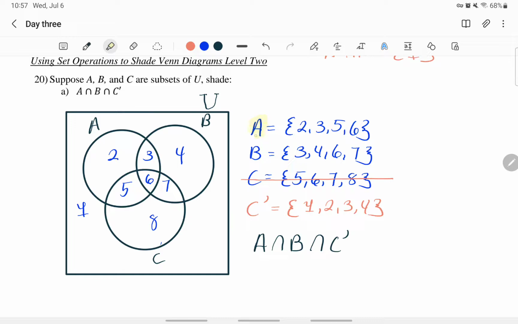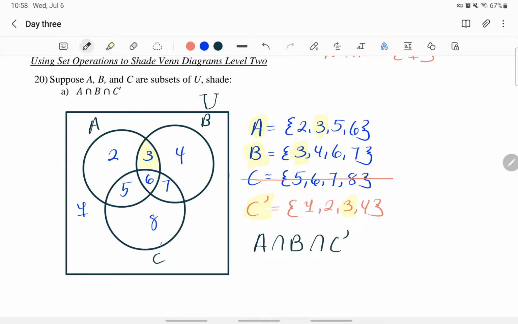So look at set A, B, and C complement and find a common element that is within all three of those sets. I see that 3 is a common element. That is the only element that is within all three sets. So we're going to shade region number 3.